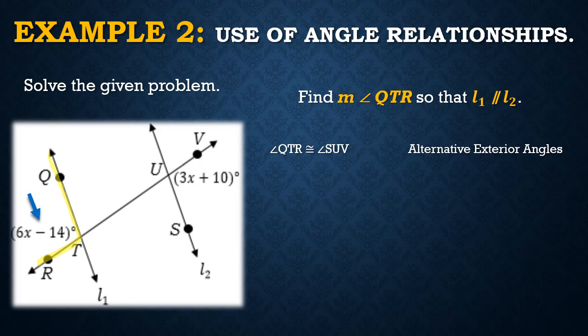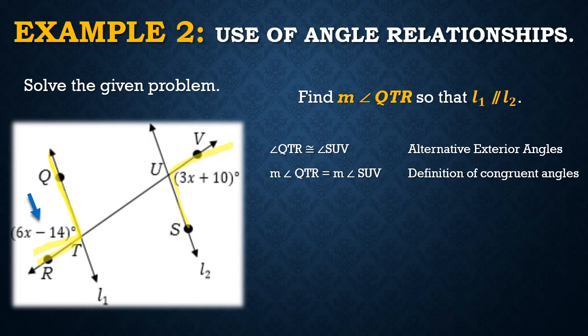Since angle QTR, as we can observe, is congruent to angle SUV, this is by the converse of the alternate exterior angles theorem. Why exterior? Because they are outside the lines. Okay?